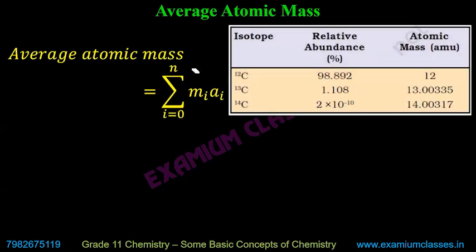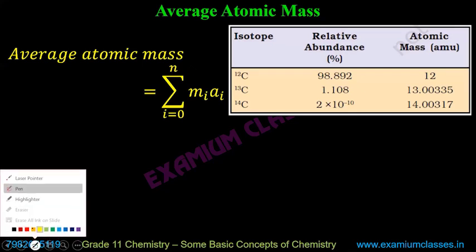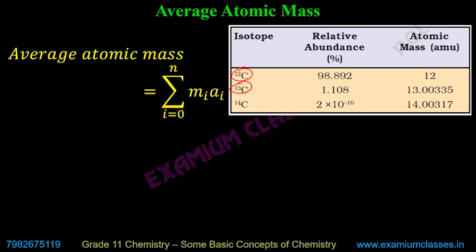So for example, you have carbon-12, carbon-13, carbon-14, three isotopes of carbon. And their relative abundance means how much percentage is available in the universe or on earth. 98.892 is carbon-12, 1.108% is carbon-13, 2 into 10 power minus 10 is carbon-14.